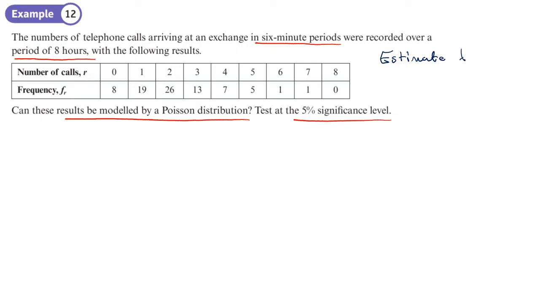Now the way that we estimate lambda is pretty similar to the one that we do for binomial. So the sum of the value of r times its probability divided by this time n, because there is no n for the number of trials, so that will estimate probability.